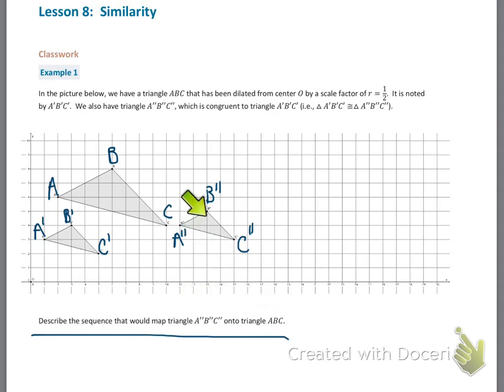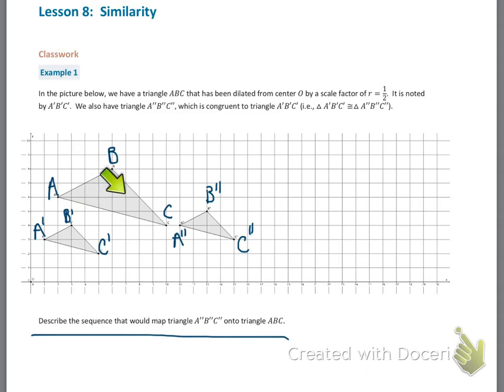So we want a sequence that will map this triangle here onto this triangle. Since we have this dilation here, think about it: if a scale factor of 1/2 took ABC to A prime, B prime, C prime, what scale factor would take A prime, B prime, C prime back to ABC?